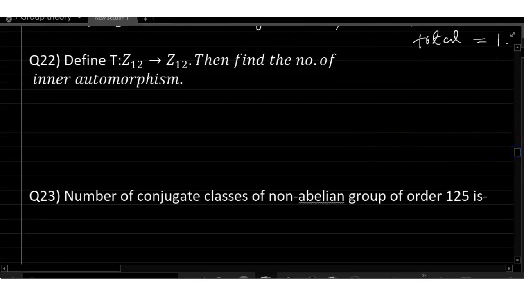Now next: such that Z12 tends to Z12, then find the number of inner automorphisms.